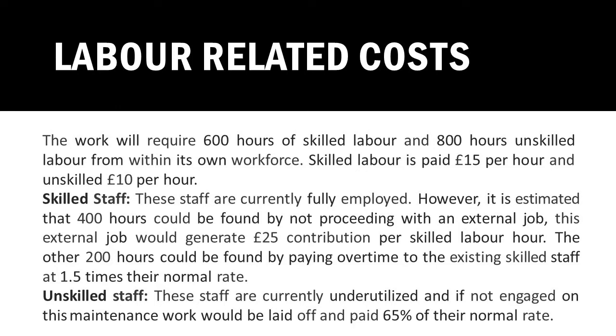The rate is £10 per hour, and we'll pay them 65%, which is £6.50 per hour. So if you don't do the job in-house, we'll pay them £6.50. If you do the job, we'll pay them full money, £10. So the extra incremental bit is relevant.